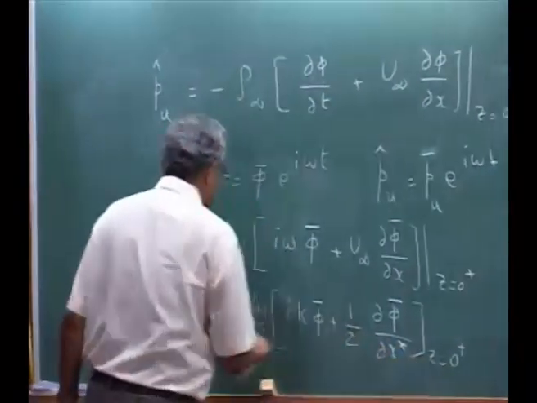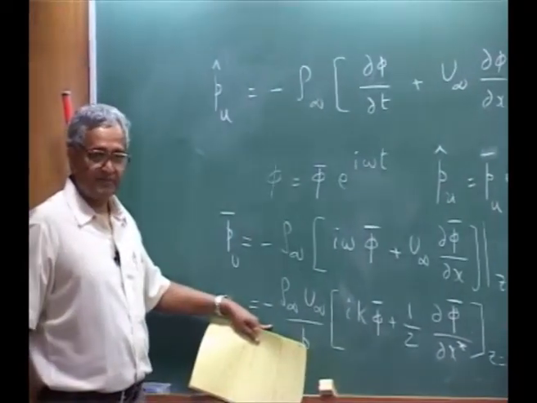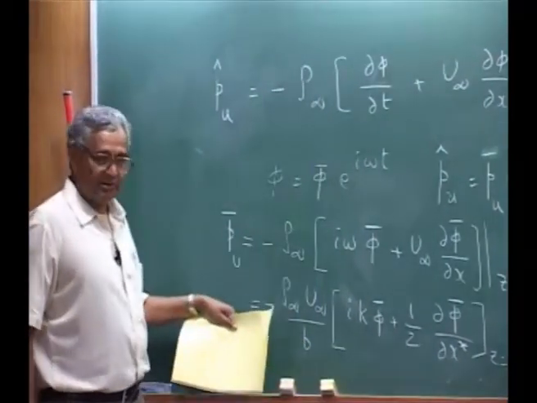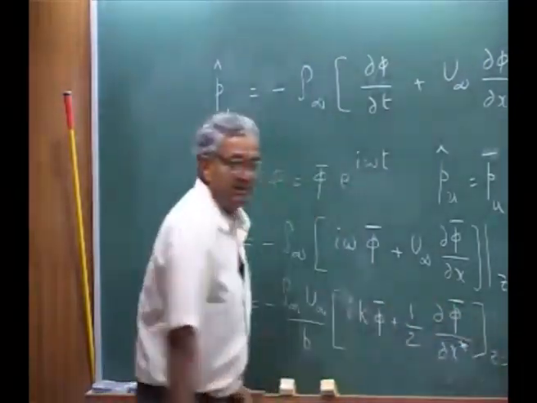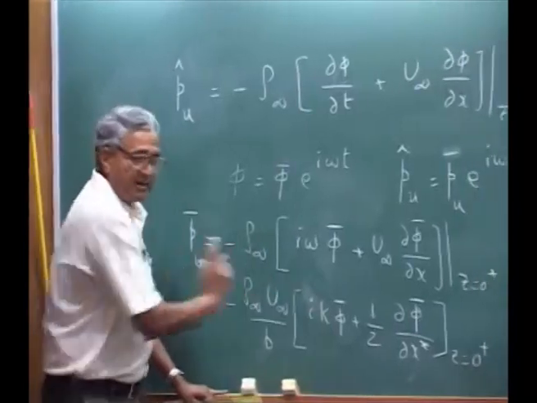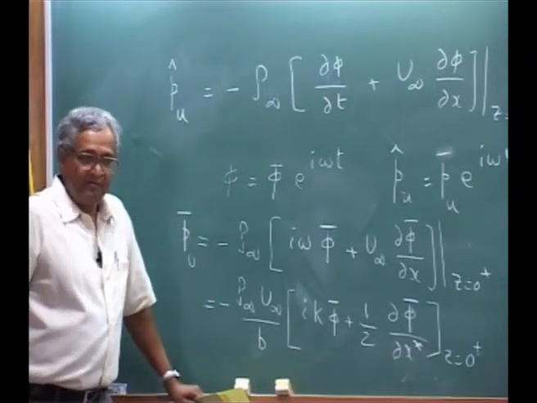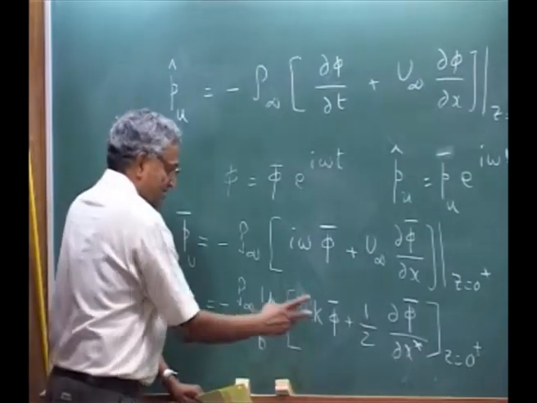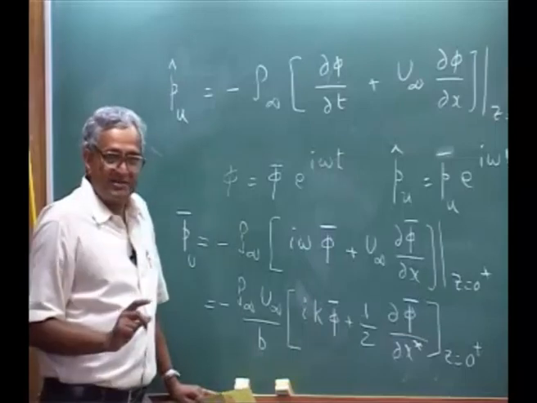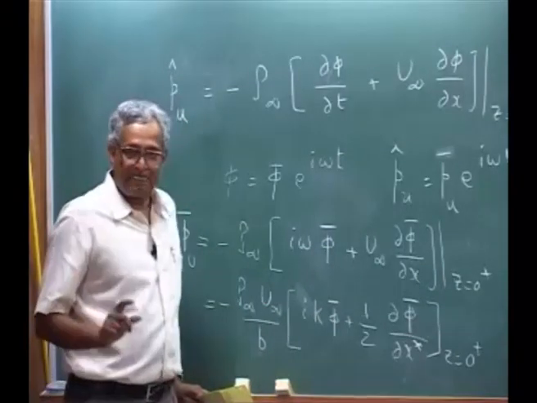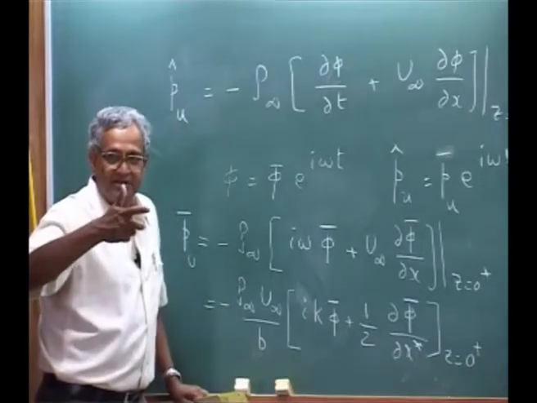Now you see, this is the pressure on the upper surface. Similarly, you will have pressure on the lower surface with the same expression, only the sign of z is minus. You have to subtract the other one. When you subtract this minus of the same quantity, it will become plus. But you know that phi on the top surface and the bottom surface are antisymmetric.